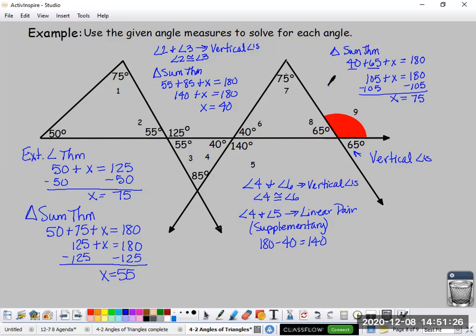And another way, we can look for 9. You can see that it's a linear pair here and here, and all you would have to do is subtract 65 from 180. Or if you use the exterior angle theorem, all you have to know is that 40 plus 75 is our exterior angle of 9 here, and that's 115.